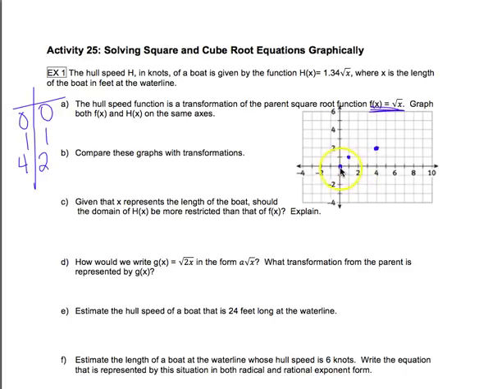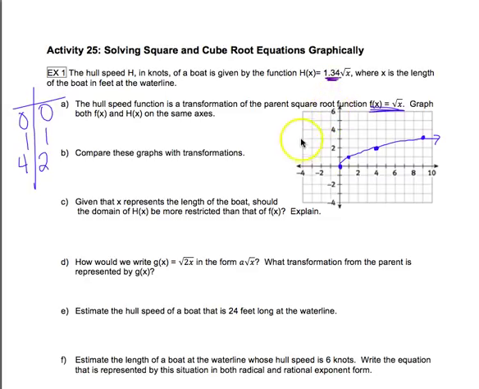And I'm actually going to plot an additional point at (9, 3) just because it goes up that far, so that way we can get a more accurate shape. So there's our parent. So our transformation here, of course, has an a value out in front.